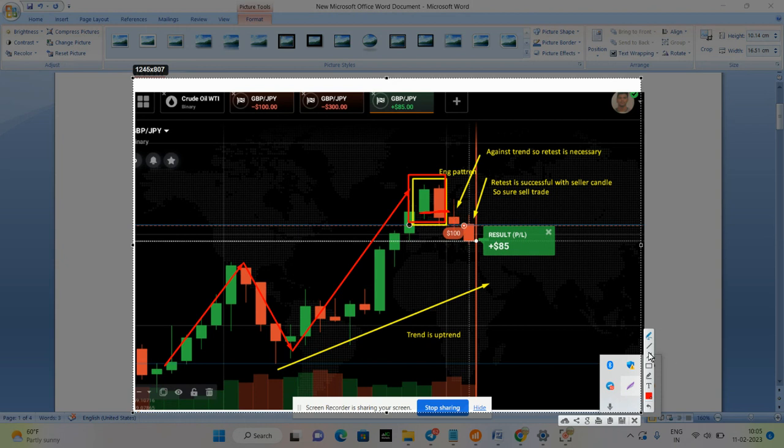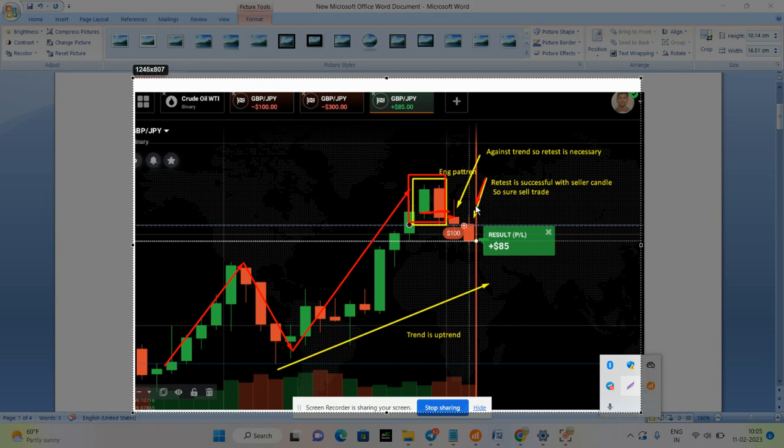Now, you see, please, that the retest is successful and the retesting candle closed below the key level. It confirms that the retest is successful, so we can go with the seller now.